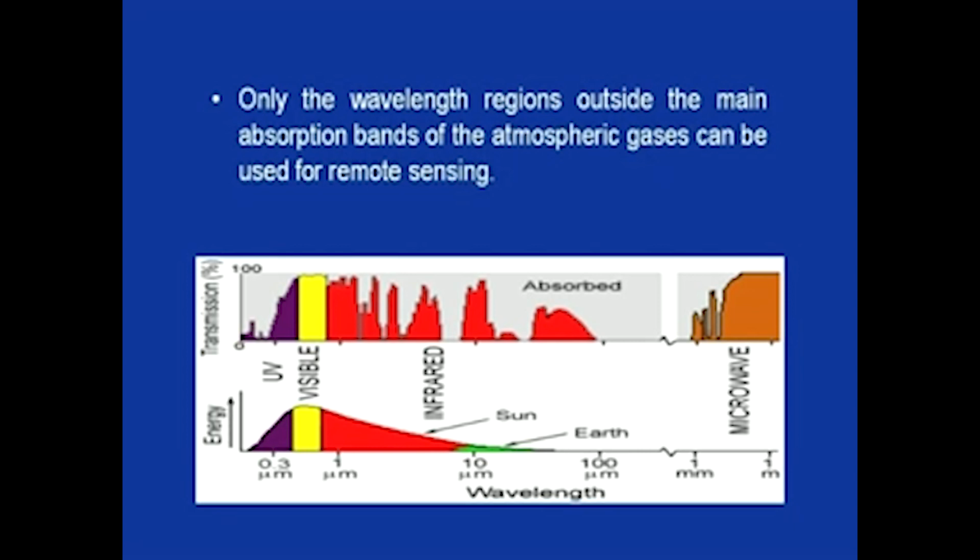In the graphic shown below, one can see the amount of energy which can be transmitted through the atmosphere level, and one can see that the major part of the transmission of energy is very close to the ultraviolet or visible region, or there are certain sectors within the infrared region where there is a large amount of energy which gets transmitted through the earth's atmosphere, while the rest gets absorbed.